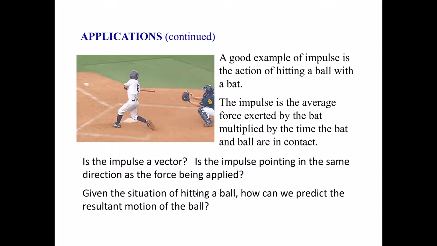How can we predict the resulting motion? We can use that information to figure out the motion, right? Because there's certain things we want to know. If you know something about this force and impulse that's being applied, you should be able to predict the direction and the velocity of the object, right?